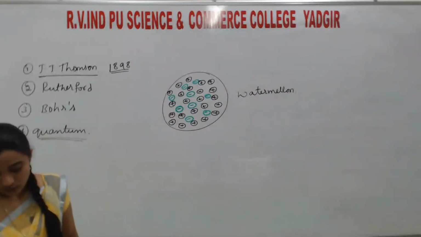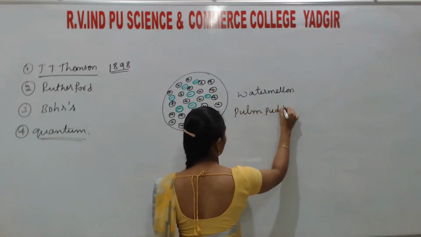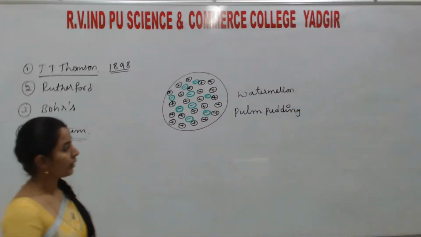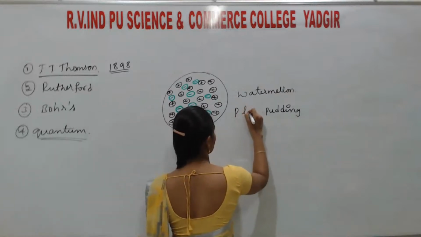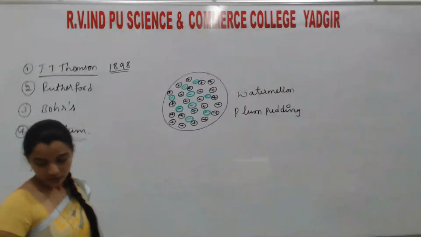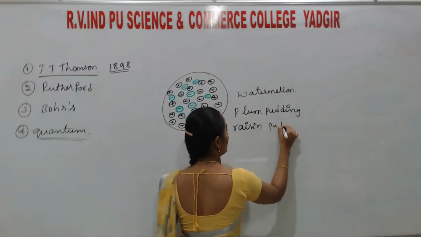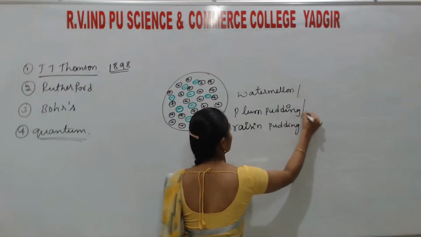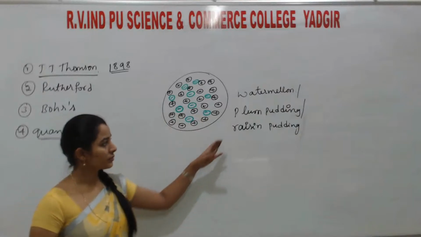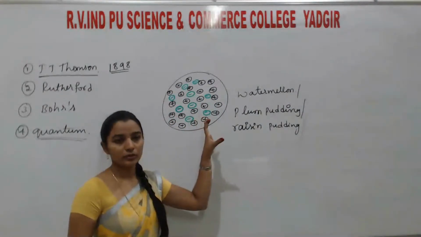It is also called the plum pudding model, and the raisin pudding model. So this is also called the watermelon model, J.J. Thomson, plum pudding and raisin pudding. Means it looks like a watermelon fruit.